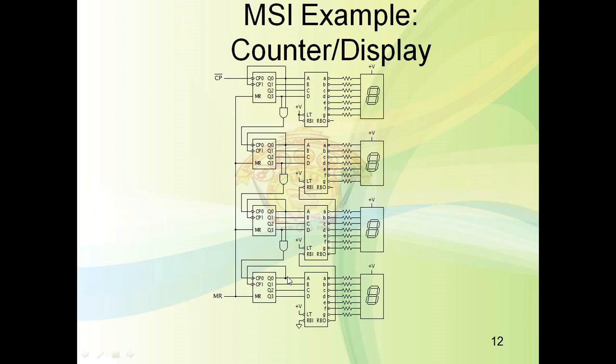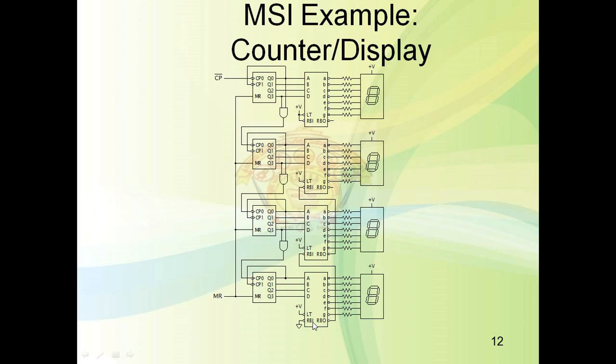See here, when BCD inputs are 0 0 0 0, and when RBI input is equal to 1, at that time it will produce 0 0 0 0, so the complement of this will be 1 1 1, and so the display will be deactivated. Okay, here high and here also high, it will deactivate, so the display will not be activated.